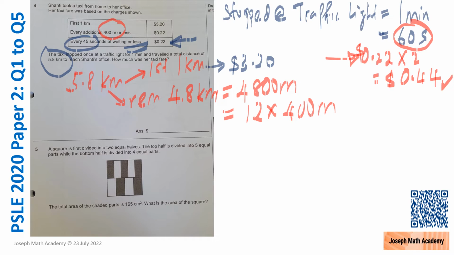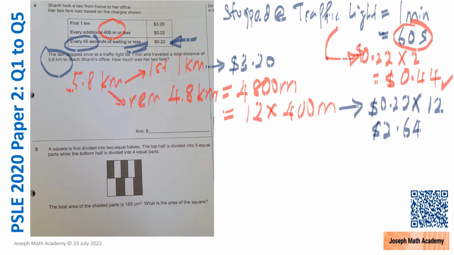Now, 12 sets of 400 meters means that she is charged 12 sets of 22 cents. 12 sets of 22 cents will be $2.64. Now, why 12 sets of 22 cents? Because for 400 meters, she has to pay 22 cents.